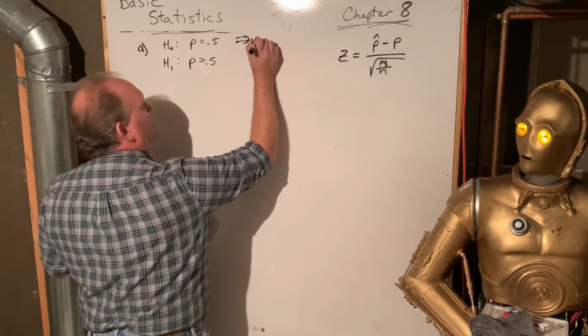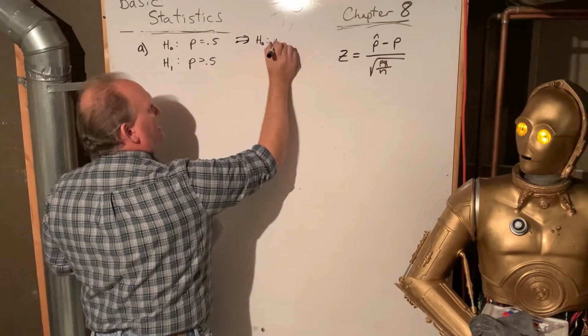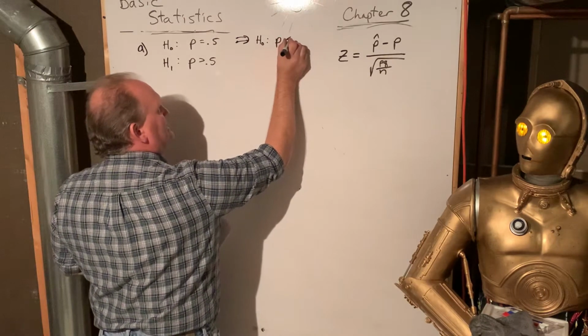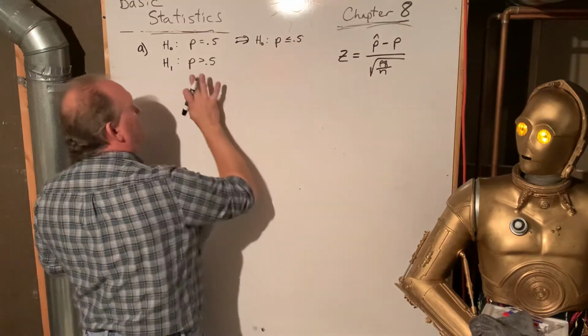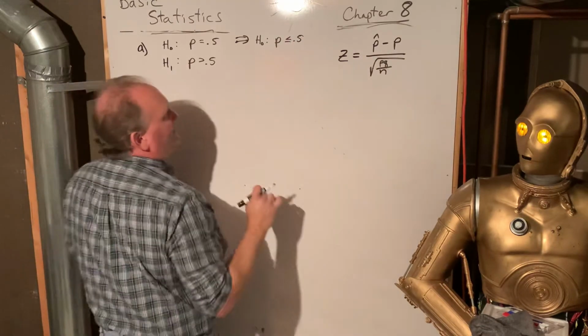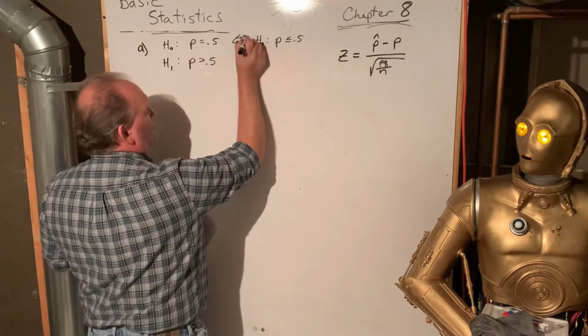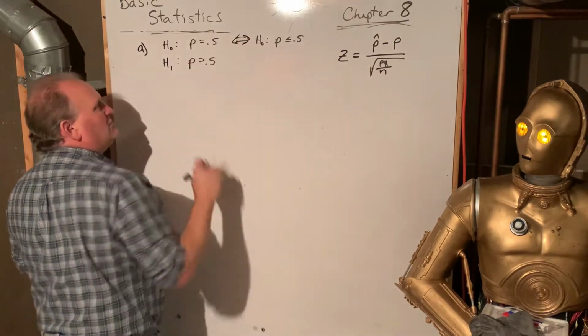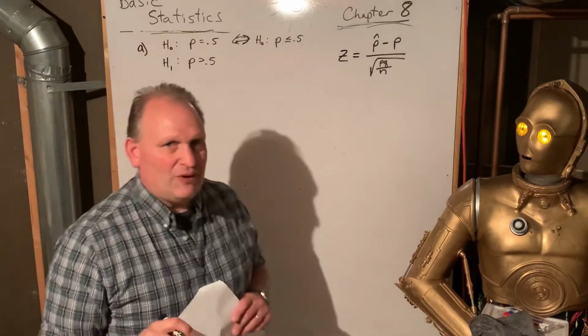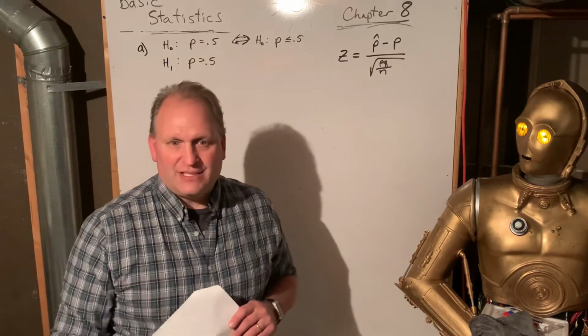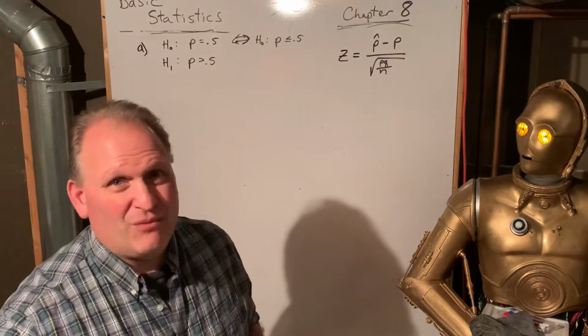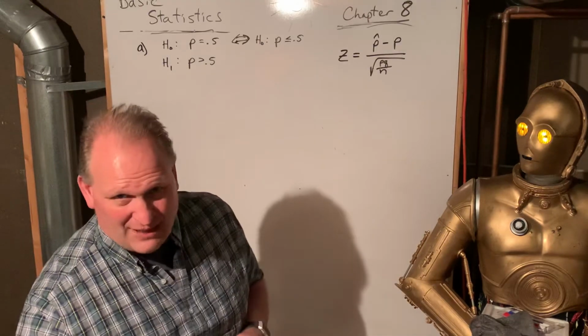You could have the null listed as p is less than or equal to 0.5, and then the alternative is p is greater than 0.5. Either one of those is acceptable. Again, I'm usually demonstrating it with equals 0.5 because that's what your book is doing. That's how most of the problems in the book and on the test are going to be.